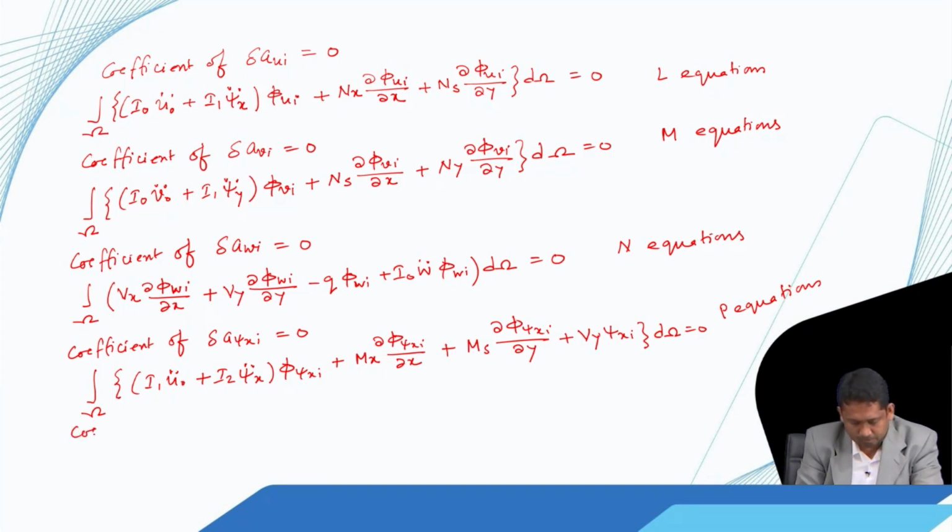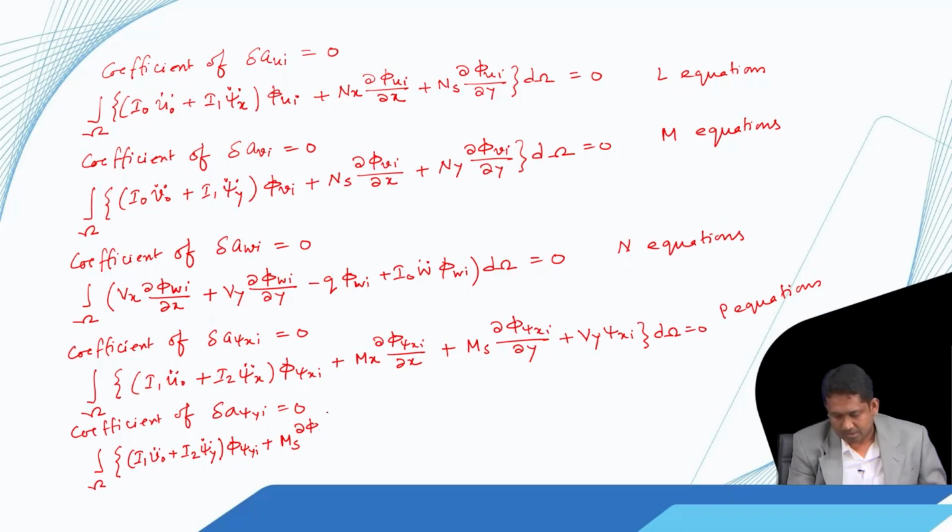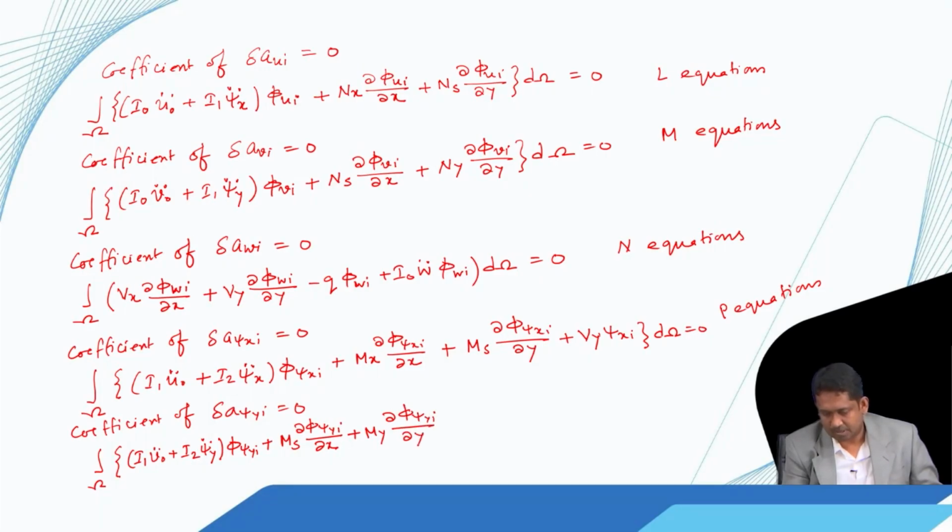and then we set the coefficient of delta A psi y I to 0, and that gives me this equation: I1 multiplied by V0 double dot plus I2 multiplied by psi y double dot into φ_psiy^I, plus Ms multiplied by ∂φ_psiy^I/∂x plus My multiplied by ∂φ_psiy^I/∂y.